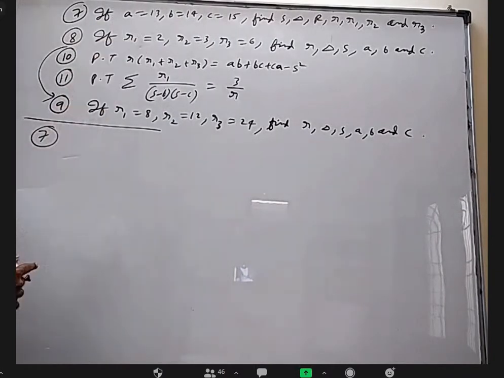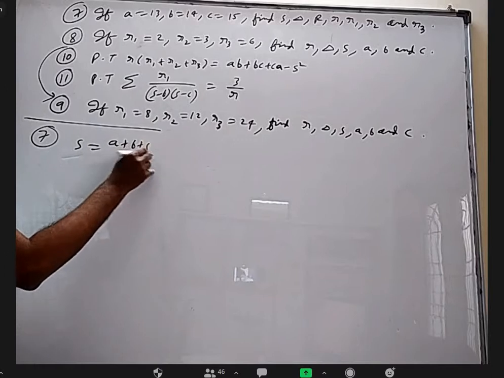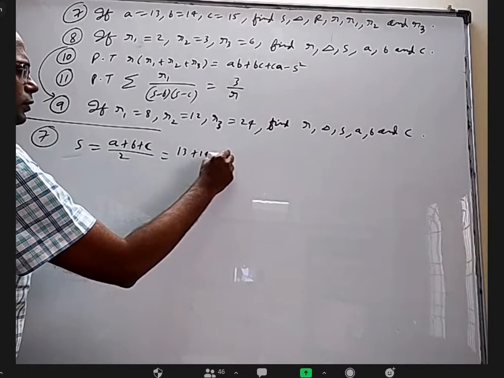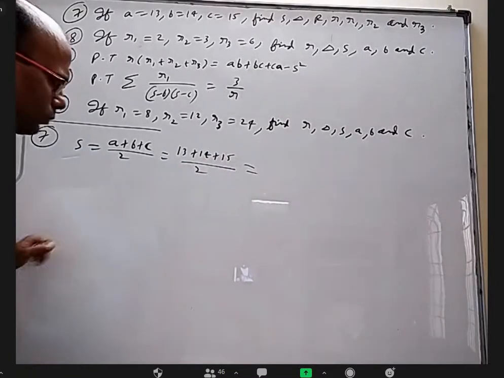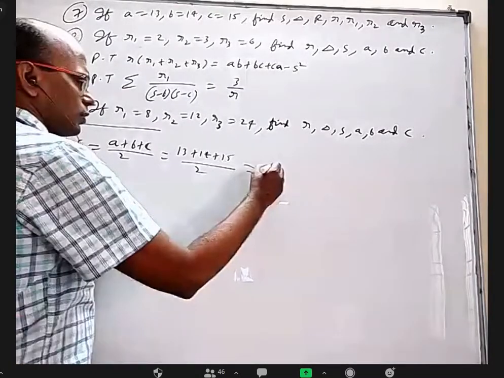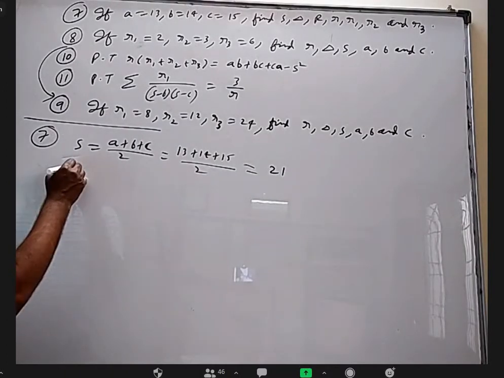Okay, seventh is direct application of formulas. S is equal to A plus B plus C by 2, 13 plus 14 plus 15 by 2. That is 21. Now delta.